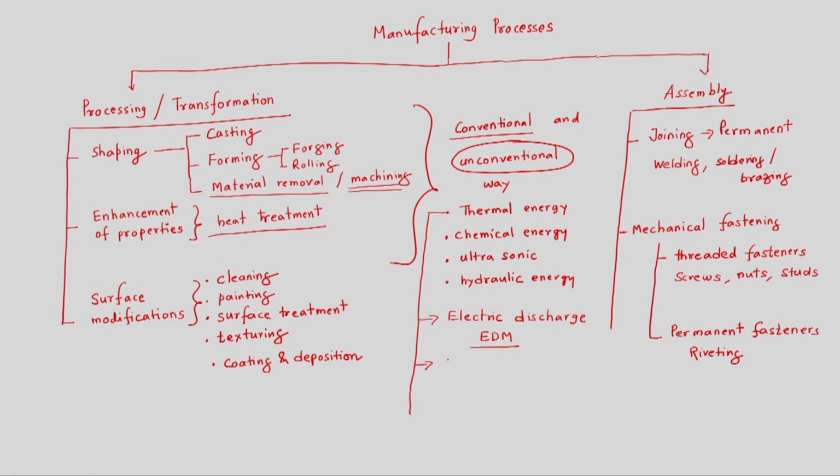We can use high speed electrons, that is electron beam machining, it is called EBM. Then plasma arc based machining, and the last one is the laser based machining.